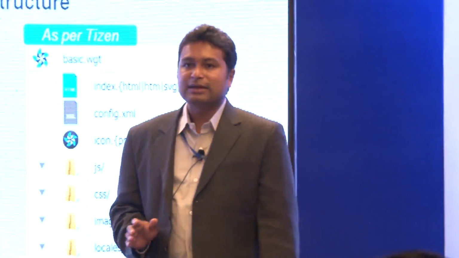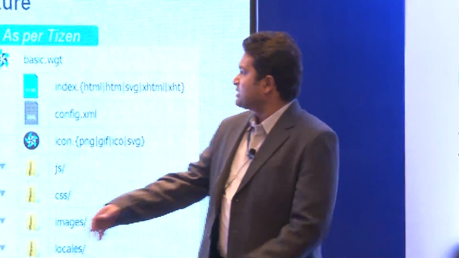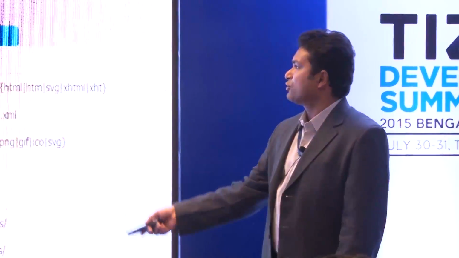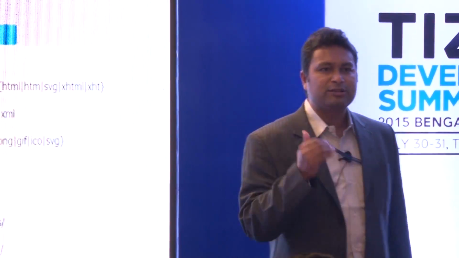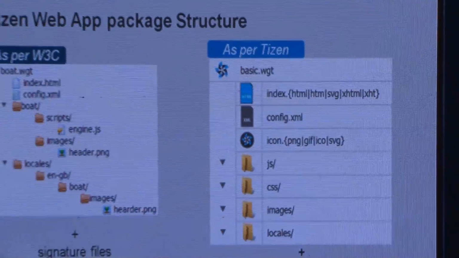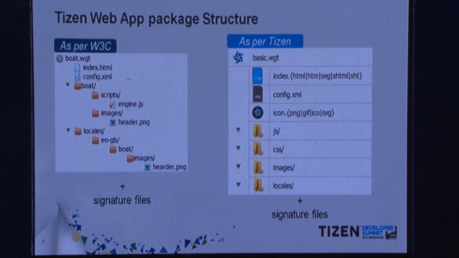Let us look at the packaging vis-a-vis Tizen. On this side, I am showing the packaging as per W3C, and on this side it shows the packaging as per Tizen. If you look a little carefully at this content, you can easily notice the content-wise things are more or less similar in both specifications. Perhaps things are a little more organized in case of Tizen.